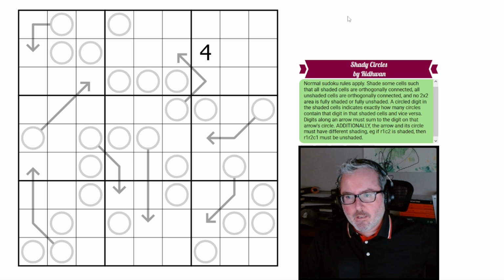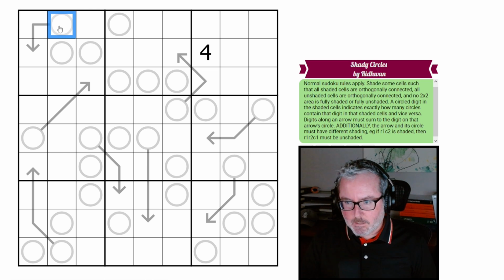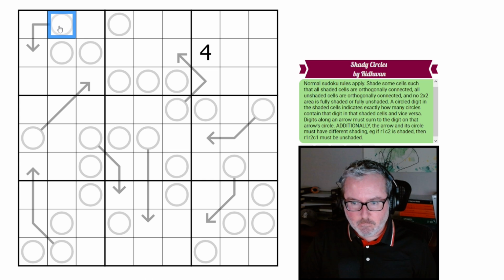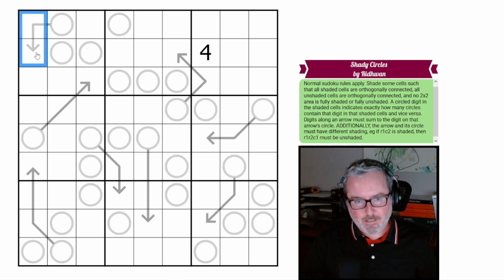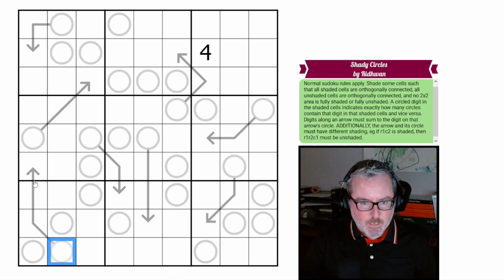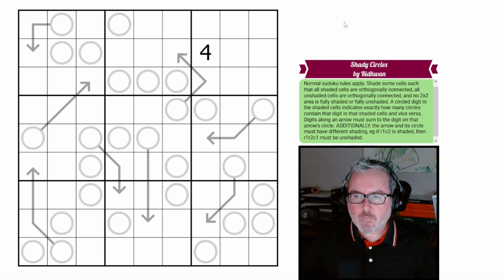E.g., if row 1, column 2 is shaded, then row 1, column 1 and row 2, column 2 must be unshaded. So if this is a shaded cell, these must be unshaded. And if this is unshaded, these must be shaded. So, okay, there we go.